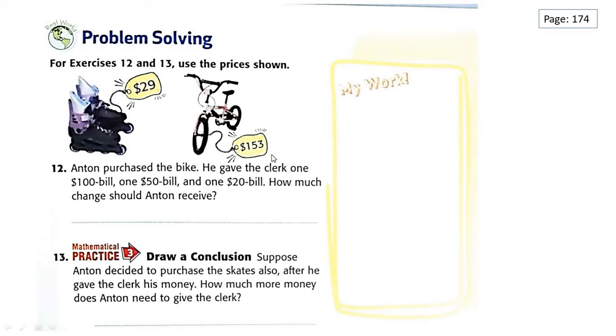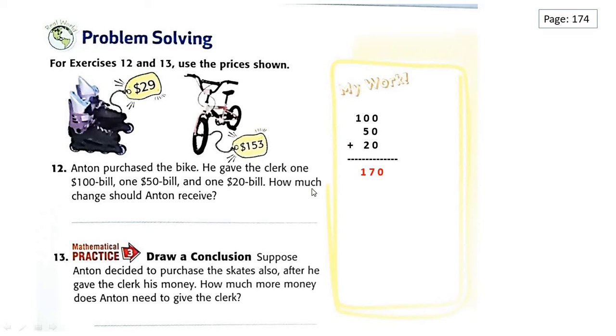The first step to solve this problem is to find the sum of all these bills that Anton paid. 100 plus 50 plus 20. This is the first step, so we will get 170. This is the total, 170.